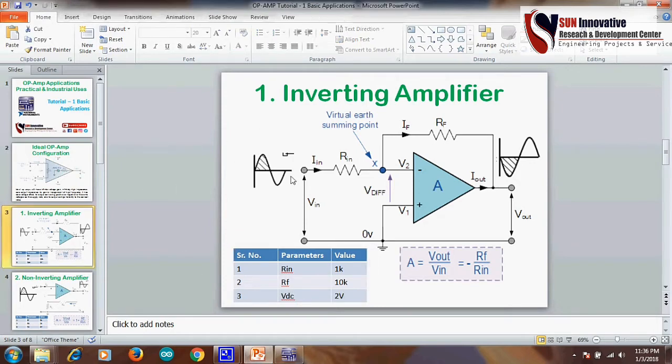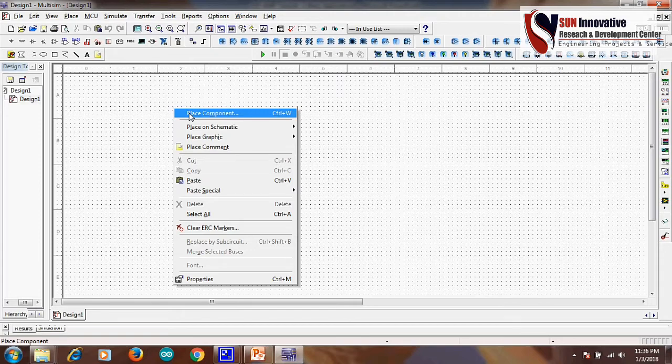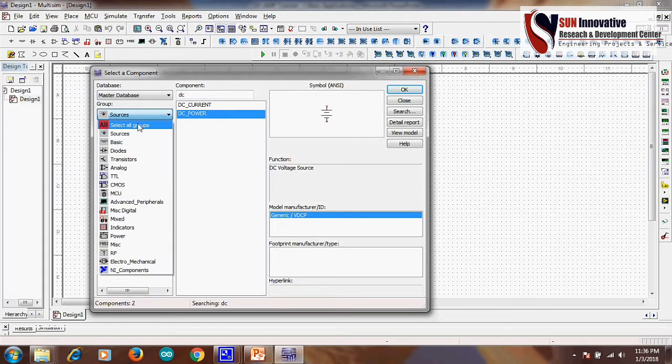Now let us try to simulate this inverting amplifier. I have Multisim simulation software. You can download this; I have put the link in the video description. Now go to place component, and you see in the sources lots of components are available: sources, basic, diode, transistor, analog, TTL.